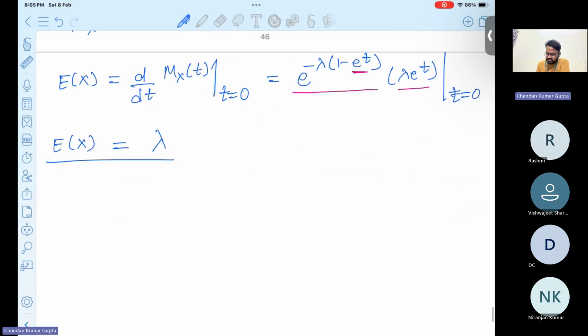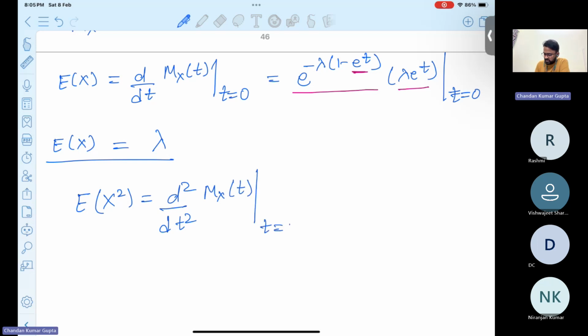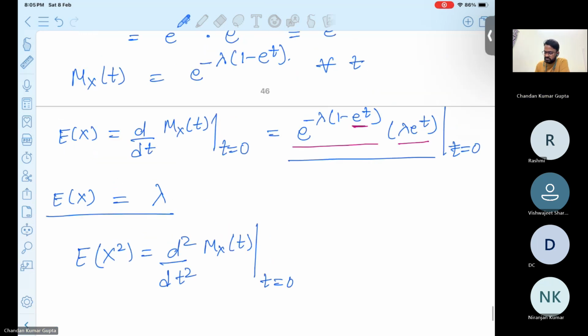So the expectation of X is lambda, and now the expectation of X square. This is the second order derivative of M_X(t) at t equal to 0. Now we need to differentiate this quantity with respect to t again. Since it is a product of two functions, f(x) into g(x), we need to use the product rule.